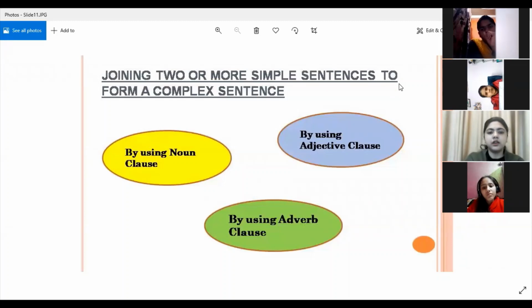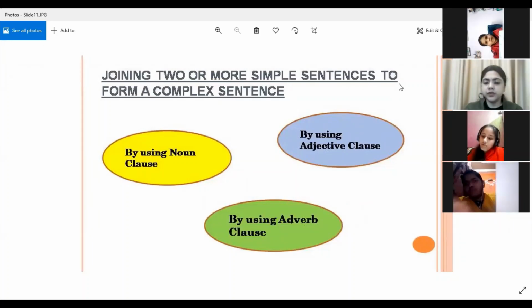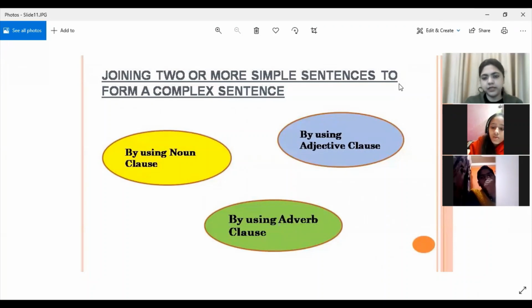So this is the definition of a complex sentence. When you join two simple sentences, the complex sentence should have two clauses. As many simple sentences as there are, that many finite verbs should be there, not clauses.